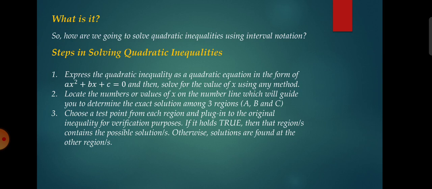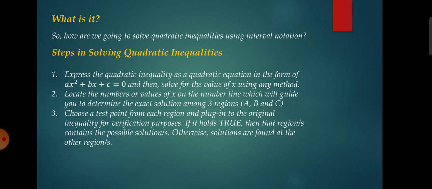Next step is to locate the numbers or values of x on the number line, which will guide you to determine the exact solution among 3 regions, A, B, and C. And lastly, choose a test point from each region, and plug into the original inequality for verification purposes.